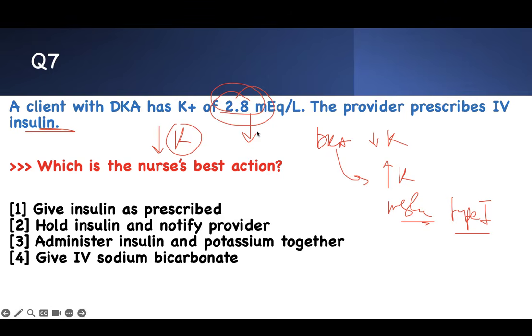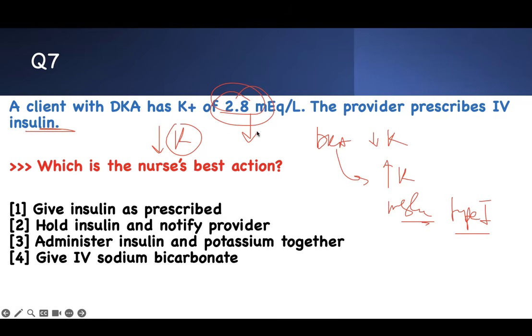This order is flawed. The nurse should act critically and say, if I give insulin, I'm going to get into trouble. Insulin as prescribed, wrong answer. Hold insulin and notify the provider. That's a good one. Administer insulin and potassium together, wrong answer. Give IV sodium bicarbonate.